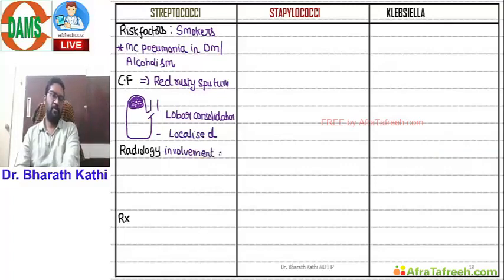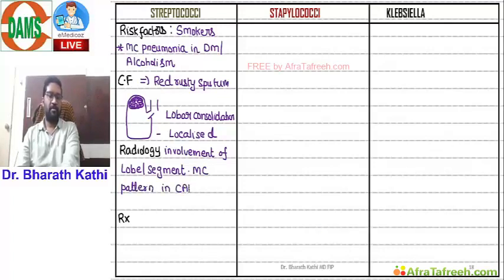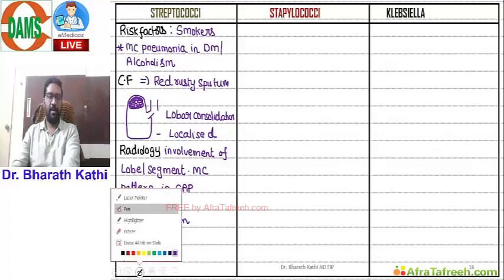This lobar consolidation is the most common pattern seen in community acquired pneumonia. If there is a patient with community acquired pneumonia, what is the most common radiological pattern? Lobar pneumonia or lobar consolidation. And treatment for streptococcus is usually a beta-lactam antibiotic.